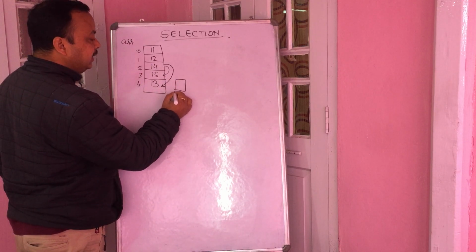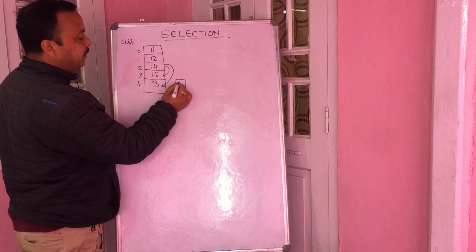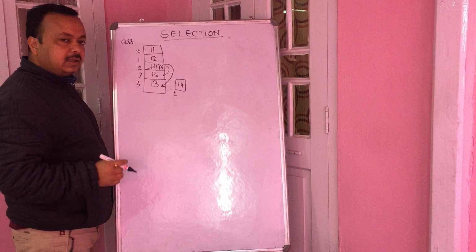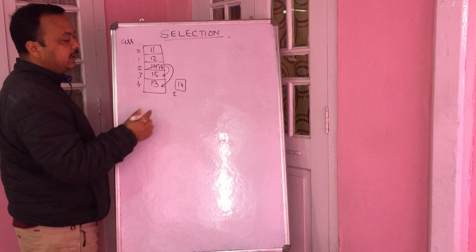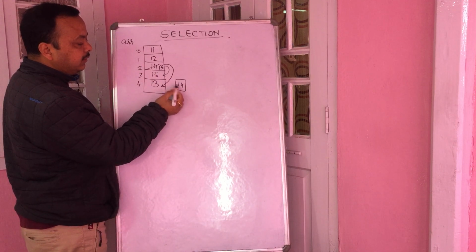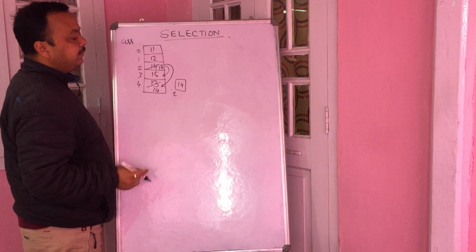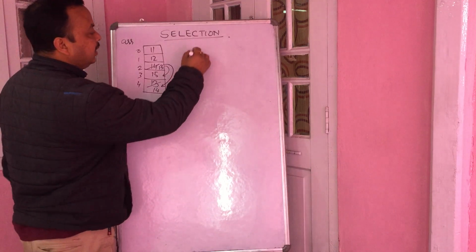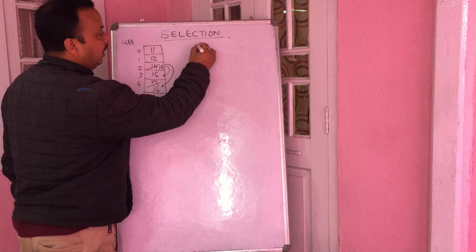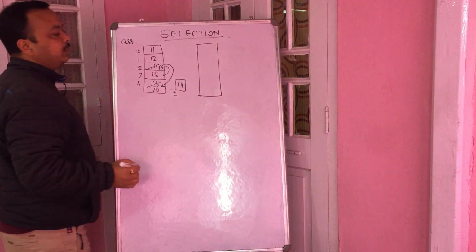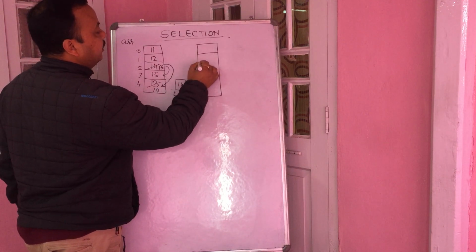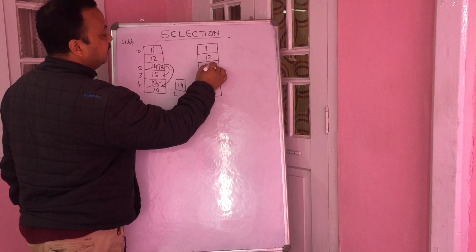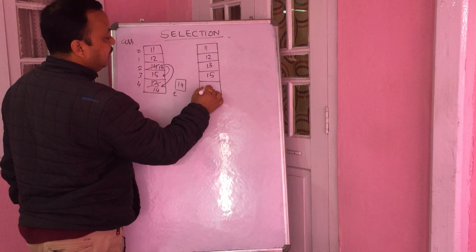So we will use t, the temporary variable, and copy 14 here. 13 will go and overwrite 14, and 14 from the temporary variable will come and overwrite 13. So we have completed the third pass. See how we are proceeding. Now we have the result of the third pass, which is 11, 12, 13, 15 and 14.